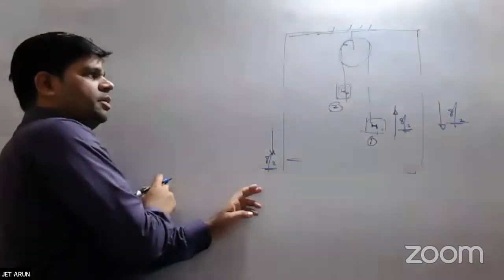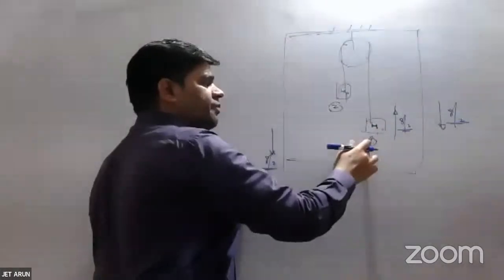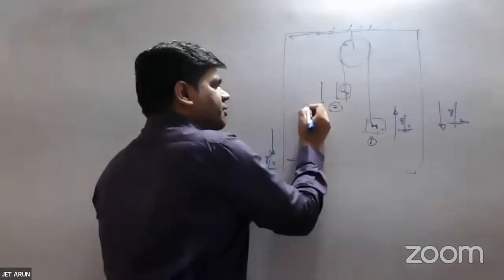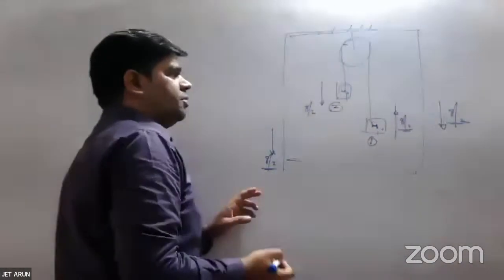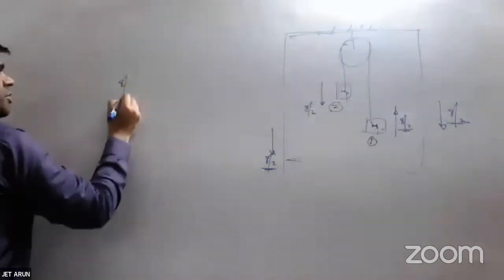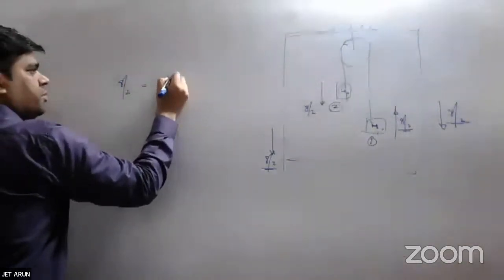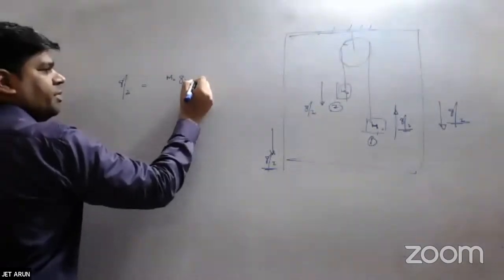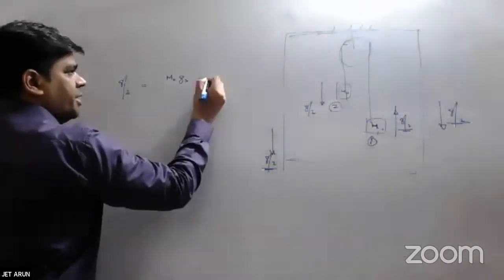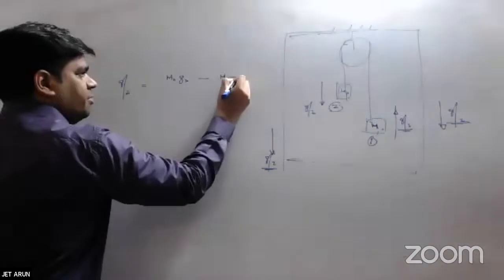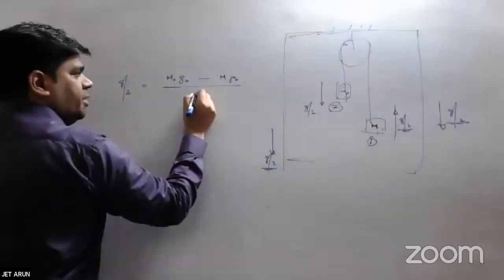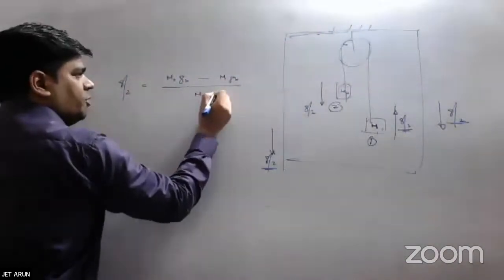That's what is required. That means this is supposed to be g by 2 with respect to the lift. So I have g by 2 is equal to m0 g effective minus m g effective by m0 plus m.